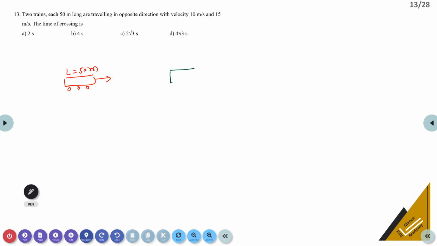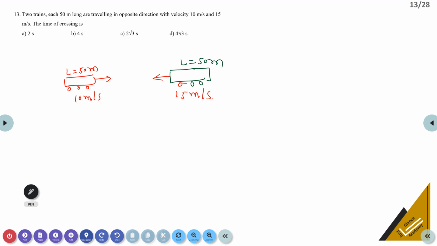And another train. This length is also what? 50 meter. Okay. Both are moving in the opposite direction here, with velocity 10 meter per second, and this is what? 15 meter per second. This problem is based on the relative velocity.